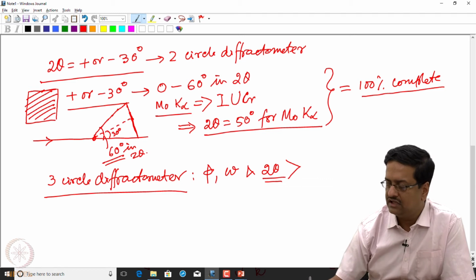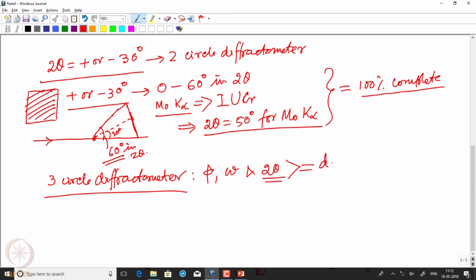So this allows us to record data up to high angle. So this type of diffractometers can be used for doing any advanced applications which requires high resolution data, that is high angle X-ray diffraction data.